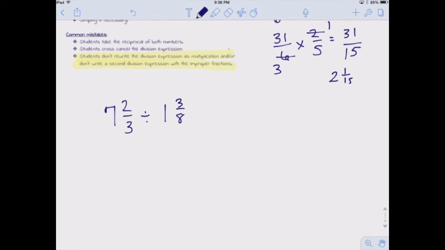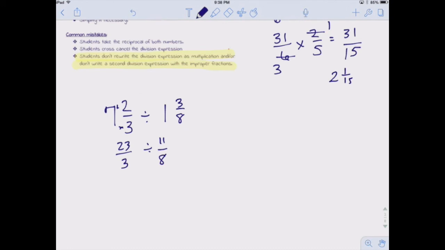So, step 1, rewrite it as a division expression with your improper fractions. 3 times 7 is 21, plus 2 is 23, over 3, divided by 8 times 1 is 8, plus 3 is 11/8. Okay, there's my improper fractions in the division, and now we're going to change it to a multiplication expression.